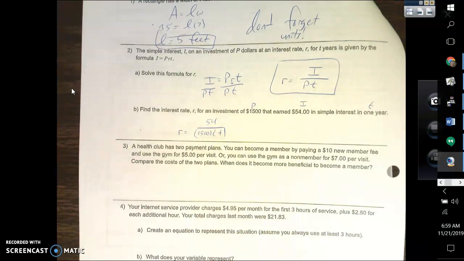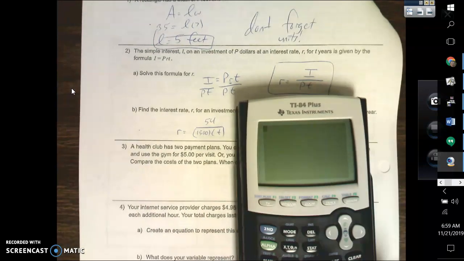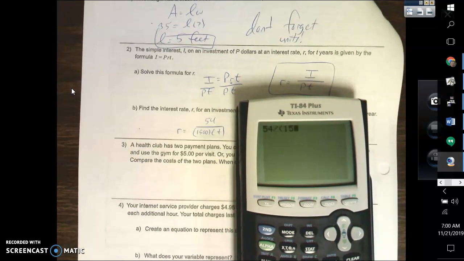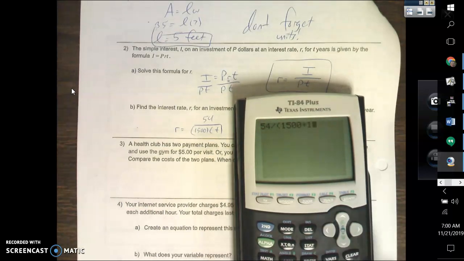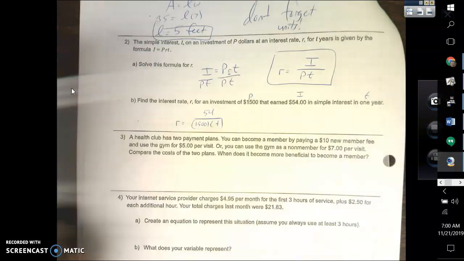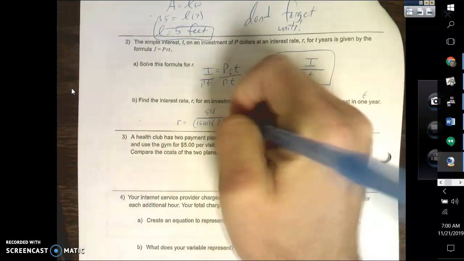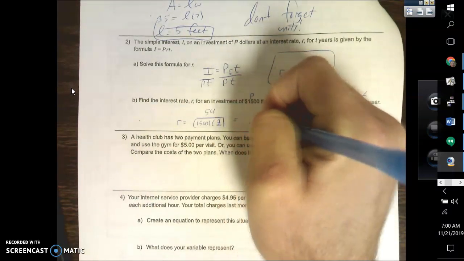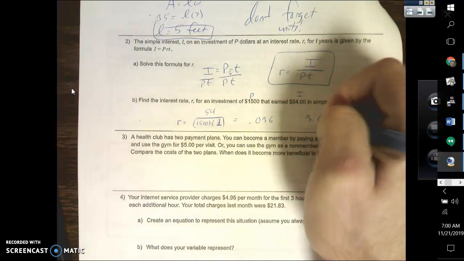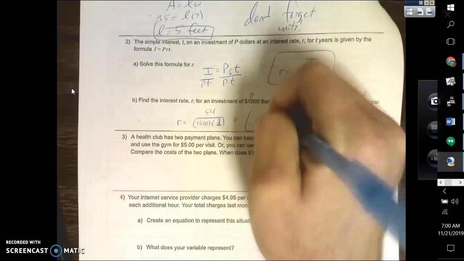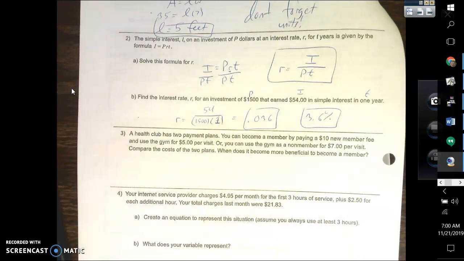Having a calculator is helpful. So we can do 54 divided by, always put parentheses around it, 1,500 times 1. 0.036. Did I really put T there? It's supposed to be a 1. I'm so sorry. Please forgive me. So 0.036. So that is 3.6%. I would give both if I were you. It makes you look like you know exactly what you're doing.